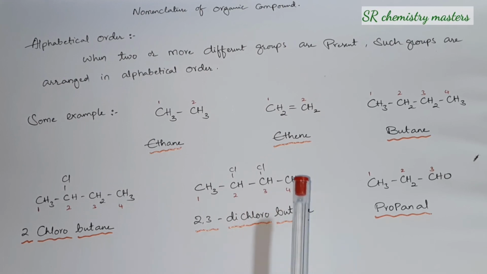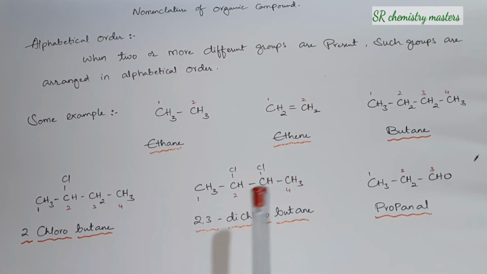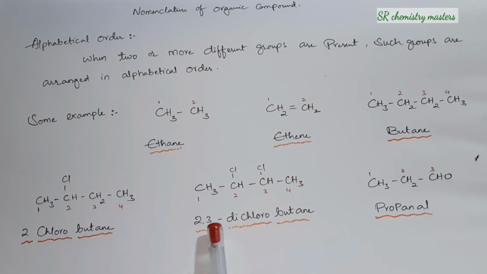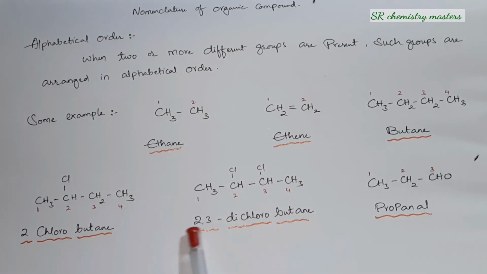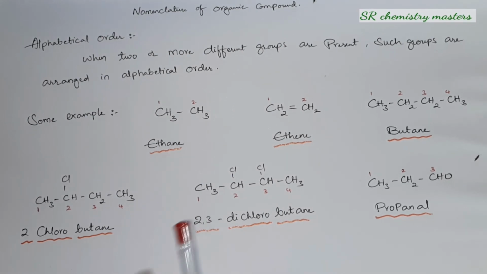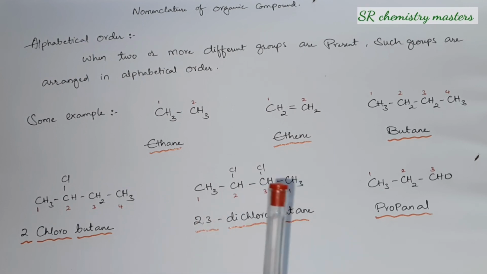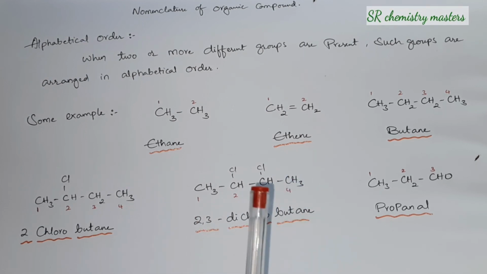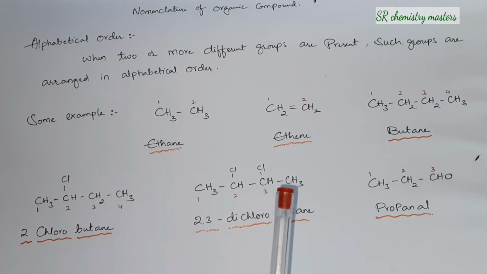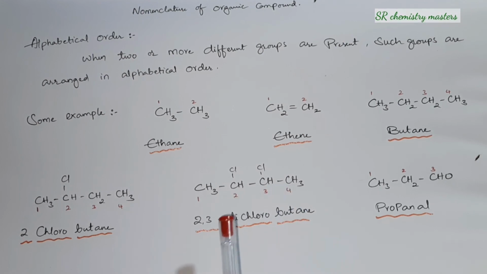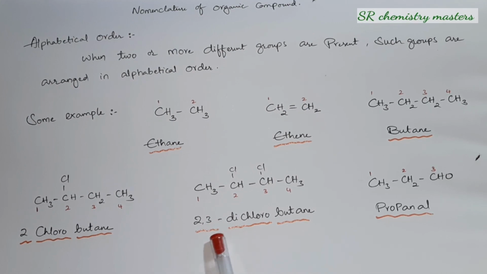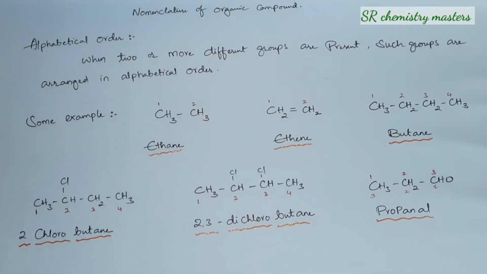And the positions of the chlorine atoms are the second carbon and third carbon, so they are written as 2,3. As we have discussed before, the punctuation marks to be used while writing the nomenclature of an organic compound are: numbers should be separated by commas and number and word should be separated by a hyphen.